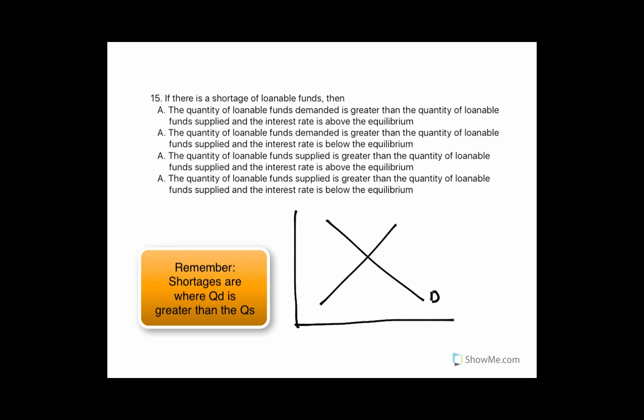Okay, if there's a shortage of loanable funds, then, okay, so a shortage of loanable funds would say that here's our demand for loanable funds or supply, right? The quantity demanded of loanable funds is higher than the quantity supplied, right? It's just like a shortage in any other market, right?